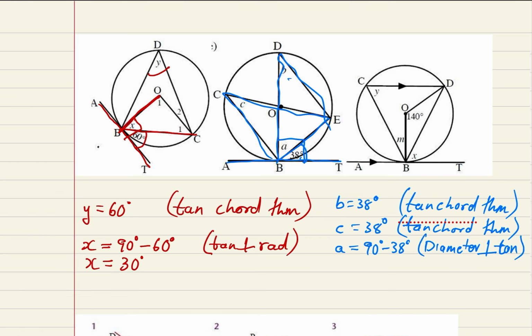Remember we had radius perpendicular to the tangent? So when you say diameter perpendicular to the tangent, you mean the same thing. Hence, A is equal to 58 degrees.